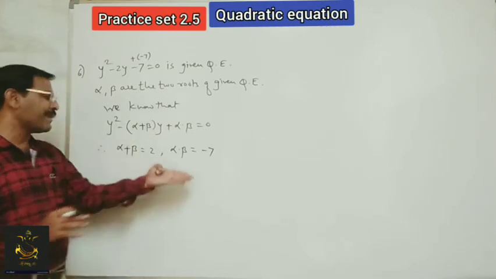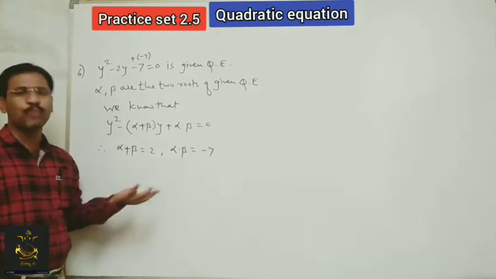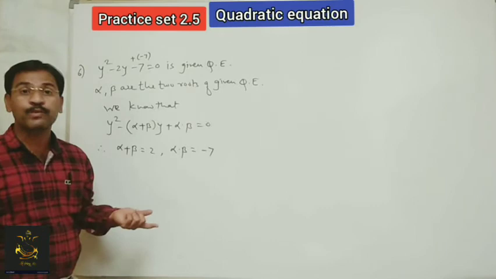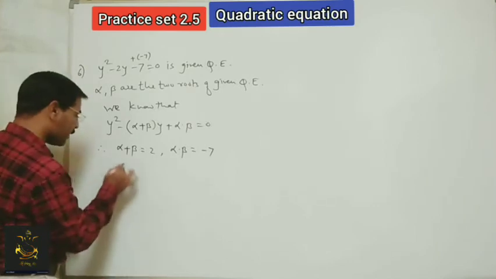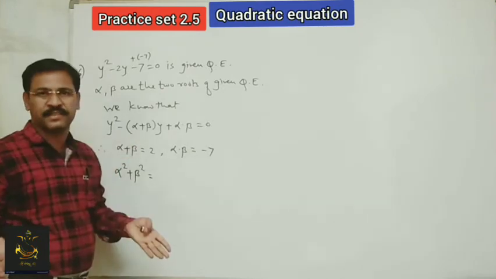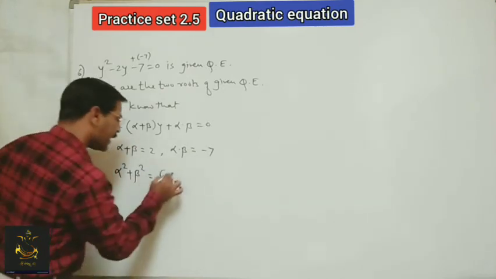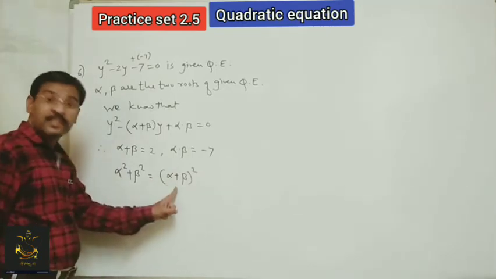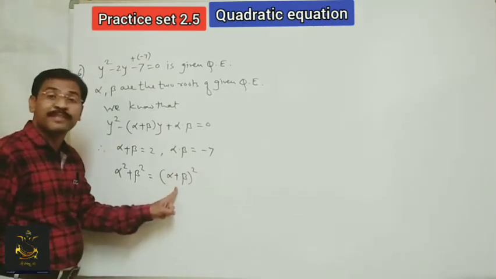Now we get alpha plus beta and alpha beta, both we know. Now what do we need? We need first alpha square plus beta square. That one we just discussed. What is that? (Alpha plus beta) square. Here that term is extra. Which term is extra?